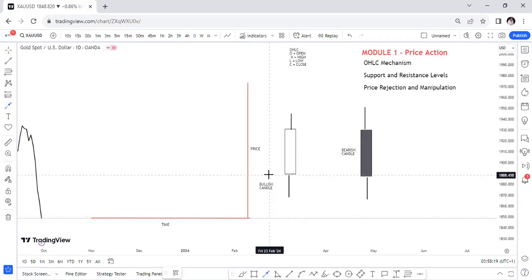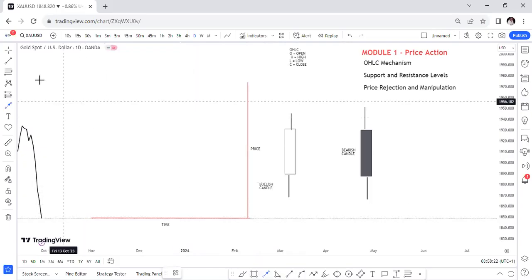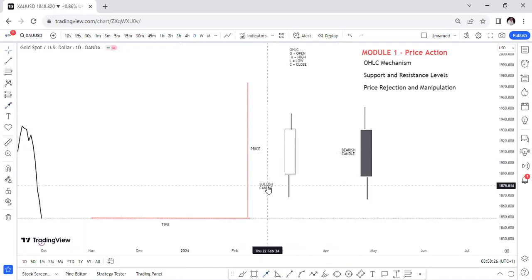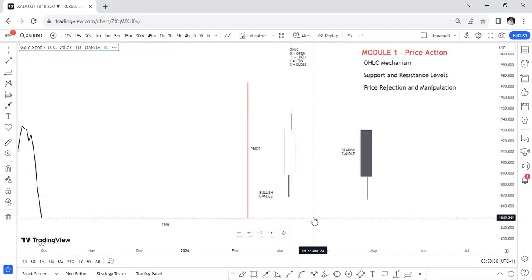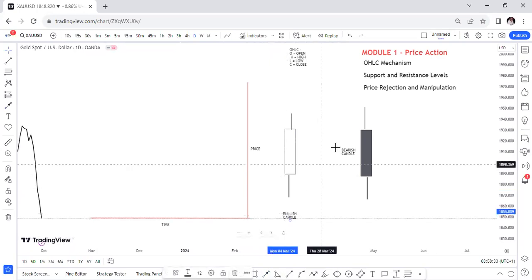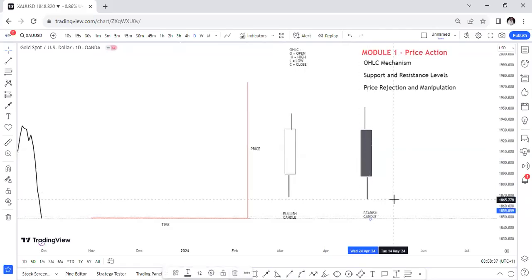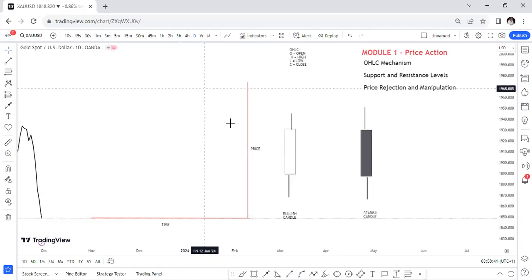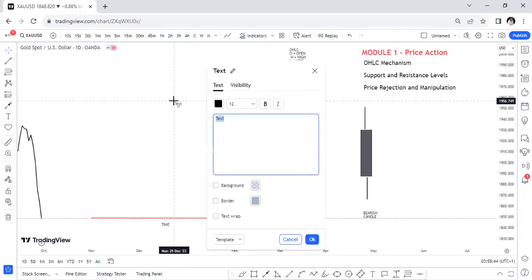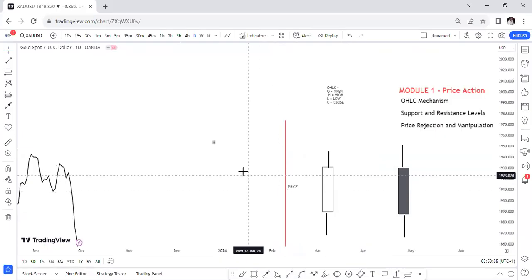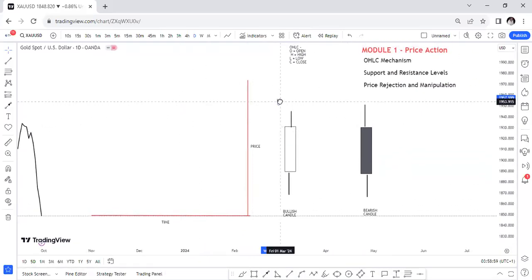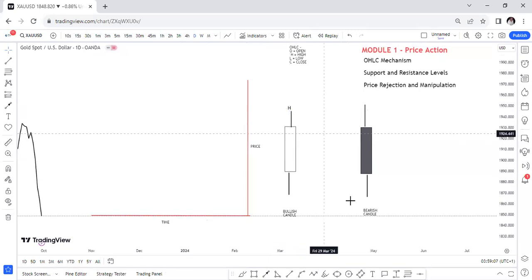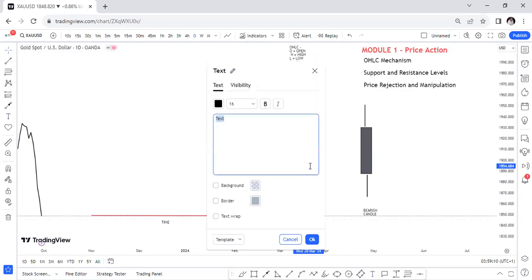So price opens for, sorry, let me correct the mistake. This is the high, and this is the low.